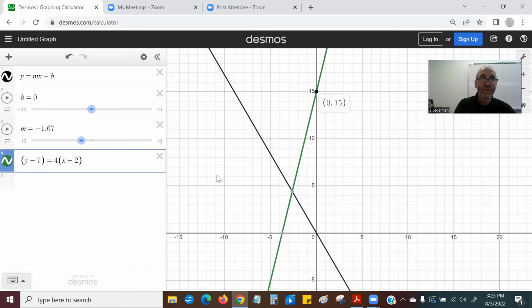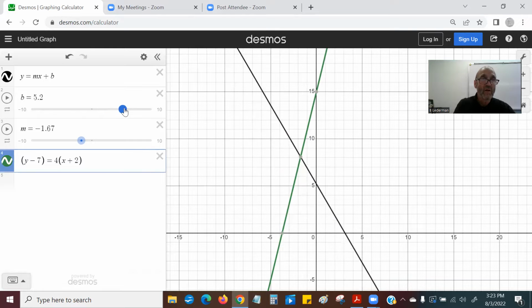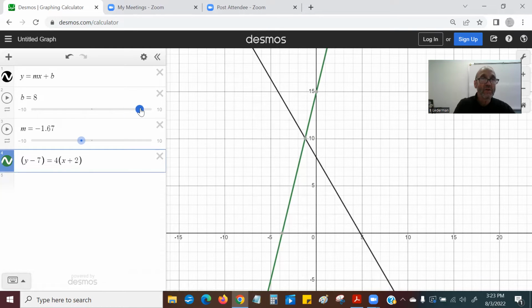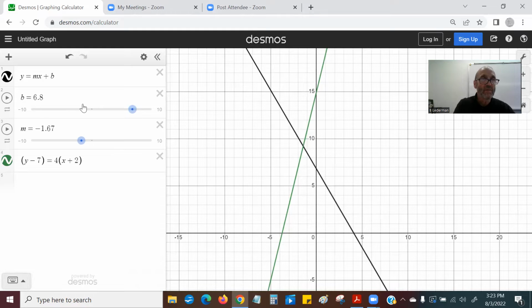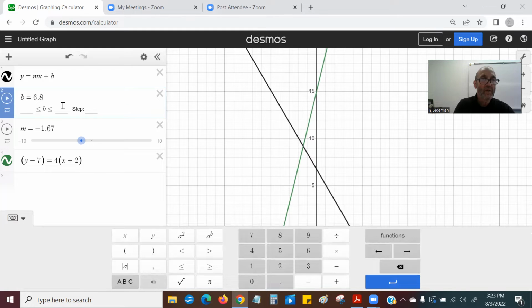Now I'm going to retype this equation. I'm also going to put this in mx plus b form. I'm going to let b equal 15. Oh, b can't equal 15. No, I have to change this.